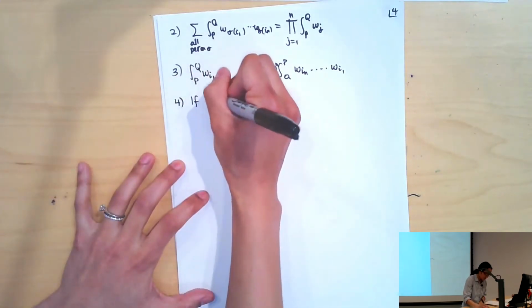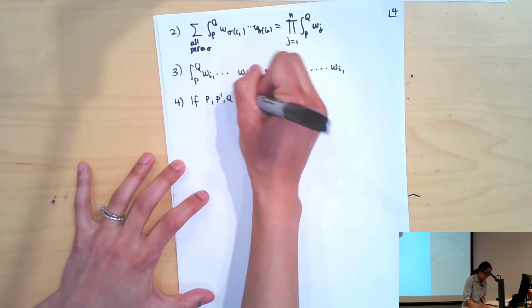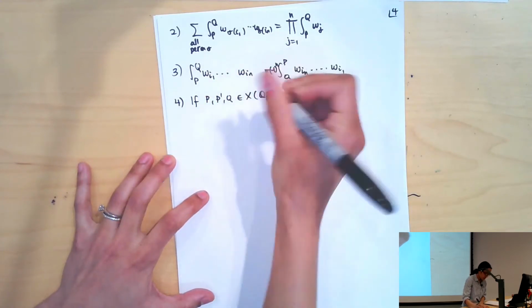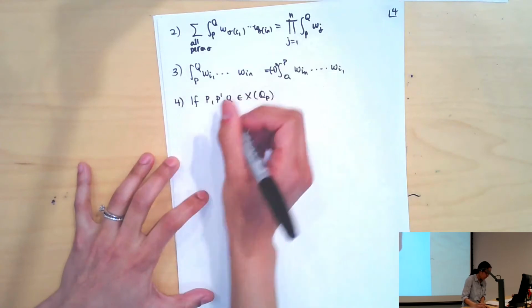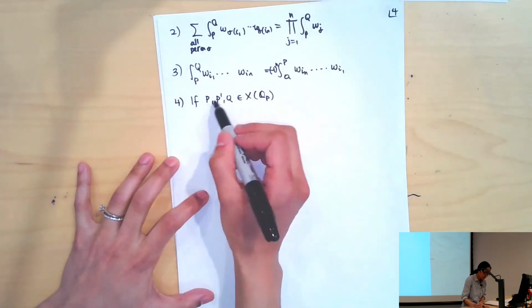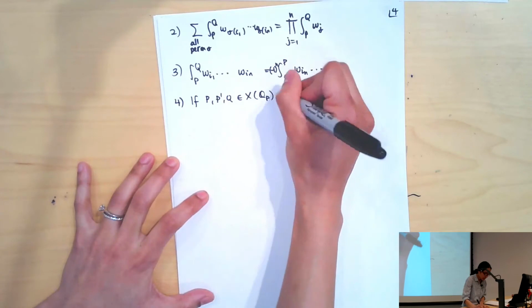Okay, and then lastly, something to break up the path, so P, P prime, and Q, again with all differentials holomorphic at each of these 3 points.